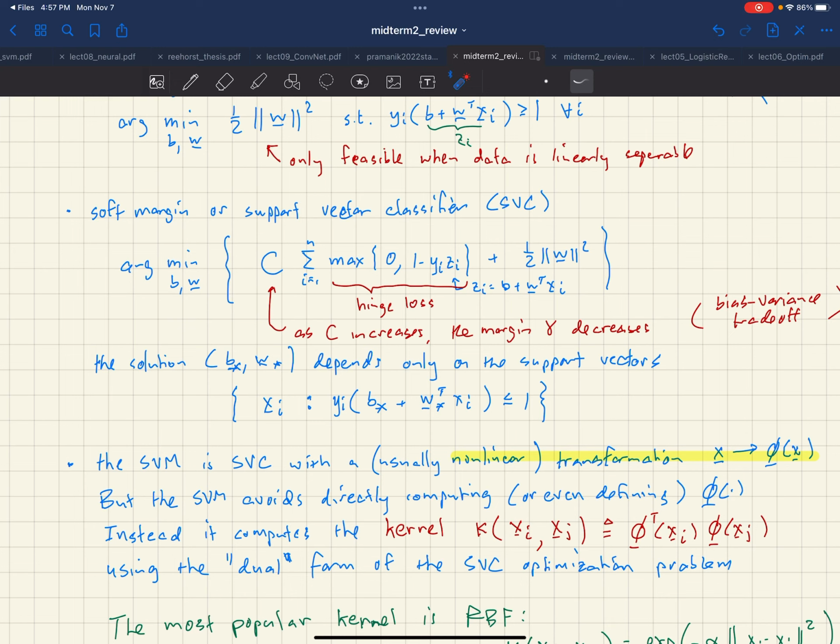So as another approach, we rewrote the support vector classifier using the dual form. And in the dual form, we saw that when we use one of these transformations, we always have terms of this form, phi transpose phi.